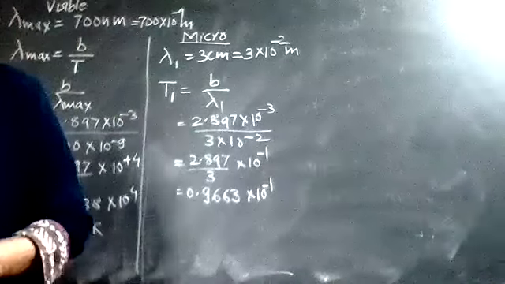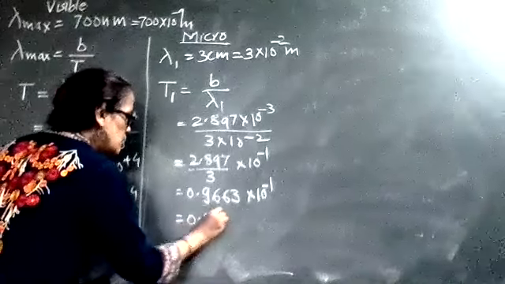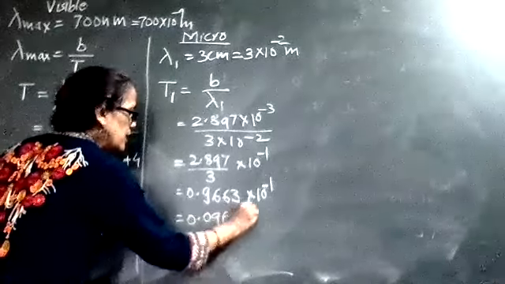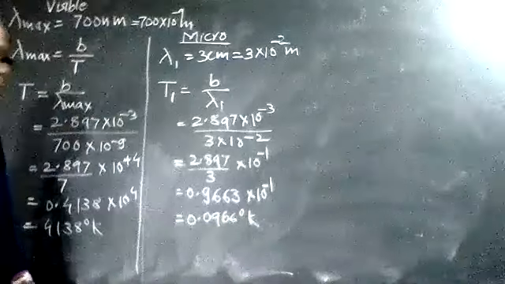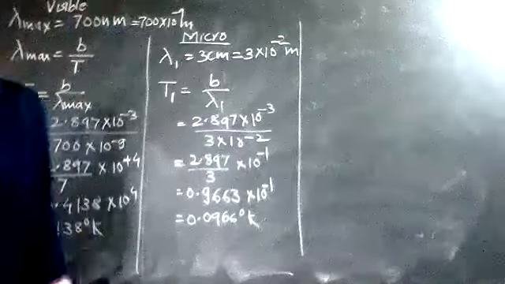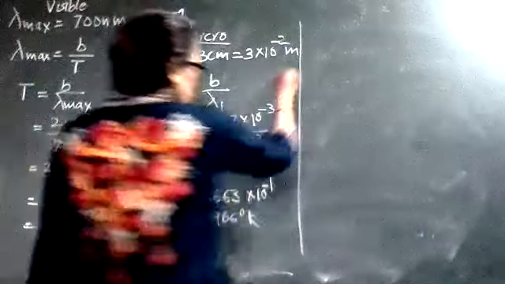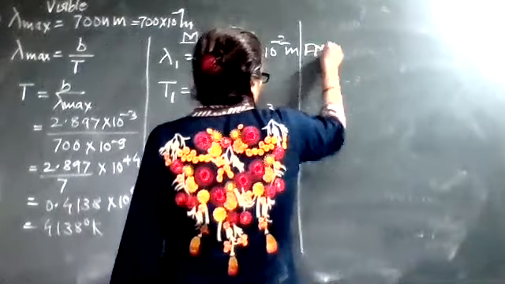That much is nothing but your Kelvin temperature. Means how much I am getting? 0.0966 degree Kelvin. This is for my microwave region. And then next region is given what? FM radio waves. Next is your FM radio waves.